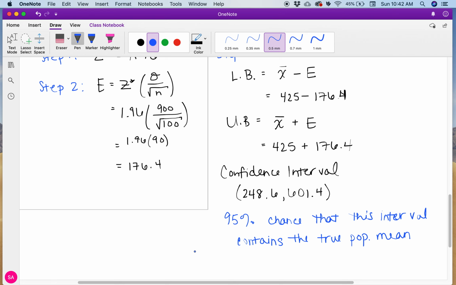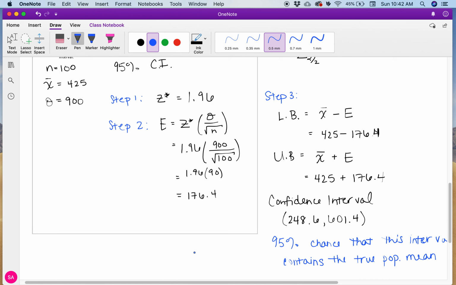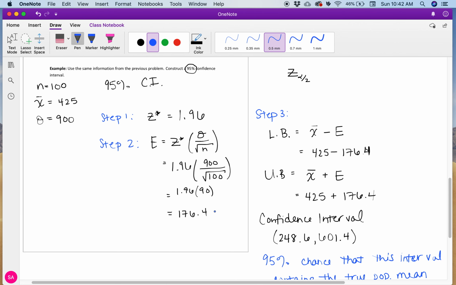Okay, so that is how we calculate a confidence interval with a normal distribution. When you're working on these problems in Hawks, your signal that you need to use this process is if they tell you that it's normally distributed.